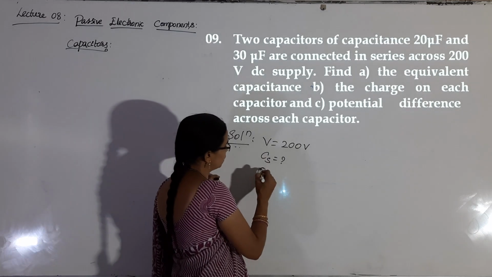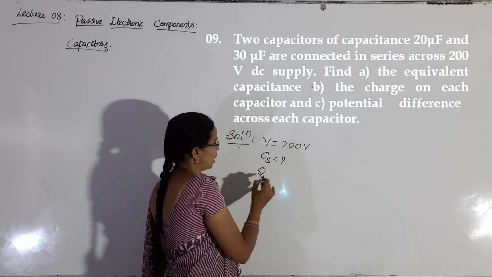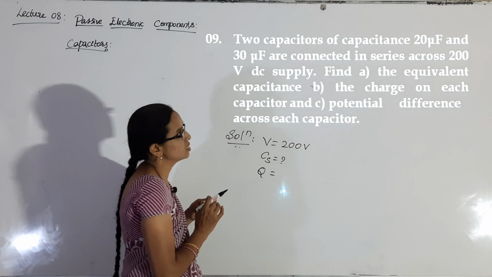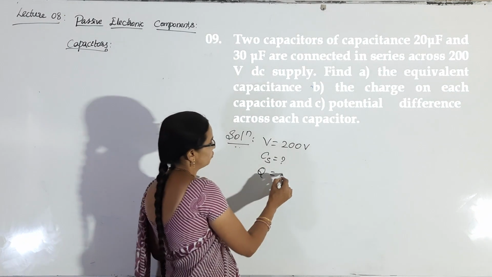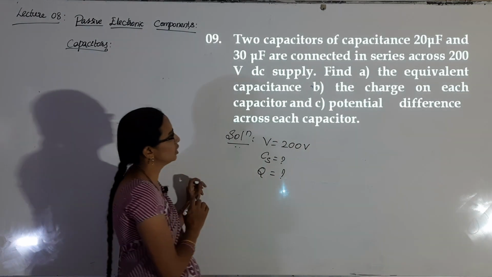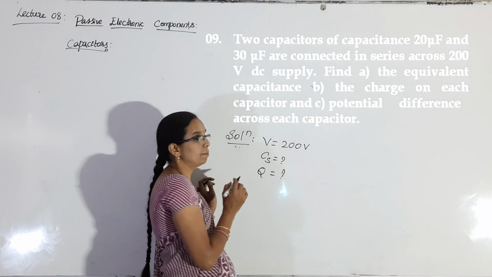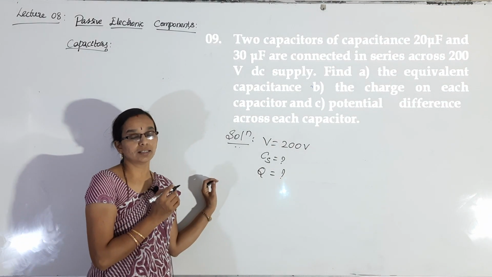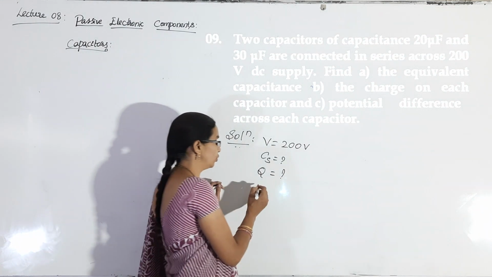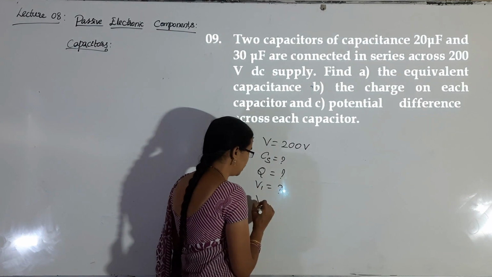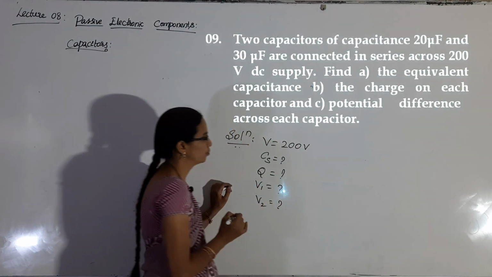The charge on each capacitor will be the same because it's a series combination. Charge we have to find out, and the potential difference across each capacitor, because in a series combination the voltage is going to divide. We have to calculate V1 and V2.